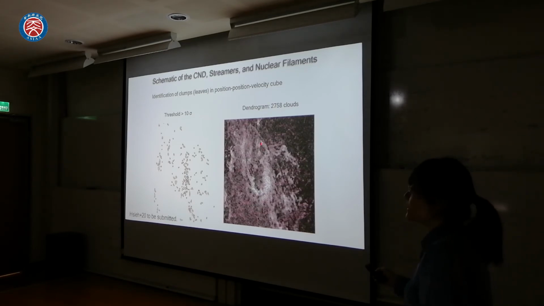The total number depends on the threshold density, so there's no single answer about the number of clouds here. It also depends on the threshold in your data set and also the program. Anyway, we have more than 2,700 clouds in this region. And this is just to show you the overall structure of the identified clouds using a much higher identification threshold, higher than 10 sigma.